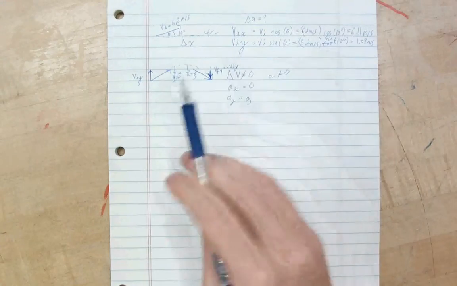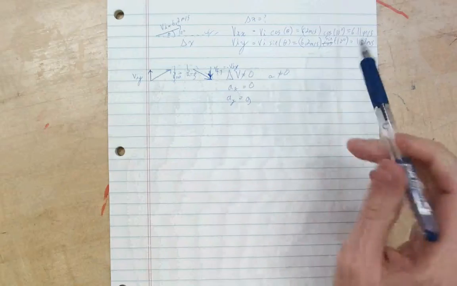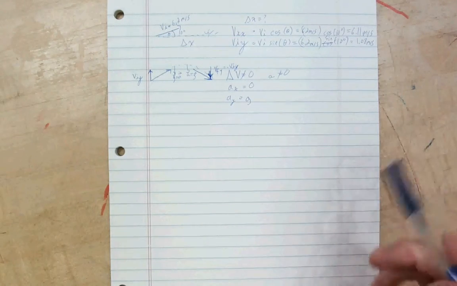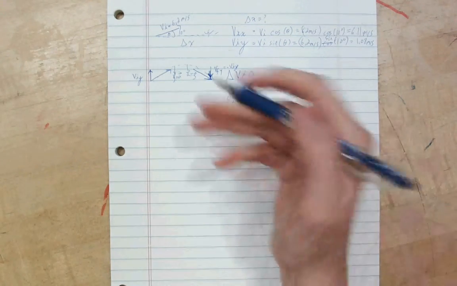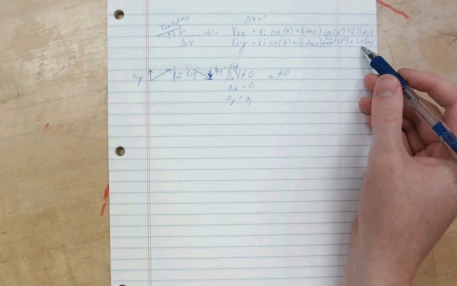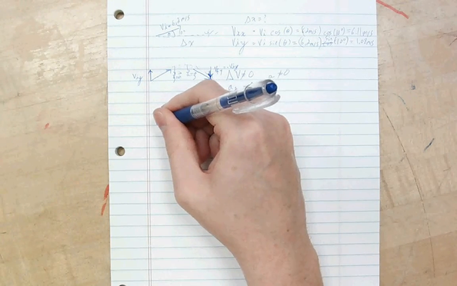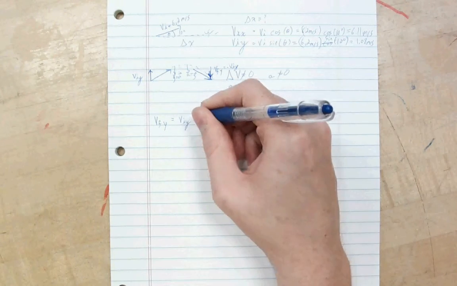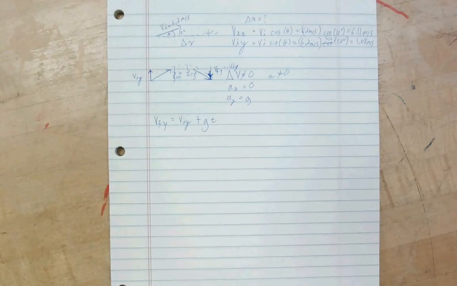And using that, I can figure out how long the fish was in the air, and then it's a pretty simple matter of calculating the change in x position. So my initial y velocity was 1.08 meters per second, and we know that that is the opposite of my final y velocity. So let's write this out. Final velocity in y will be equal to initial velocity in y plus the acceleration due to gravity times time.